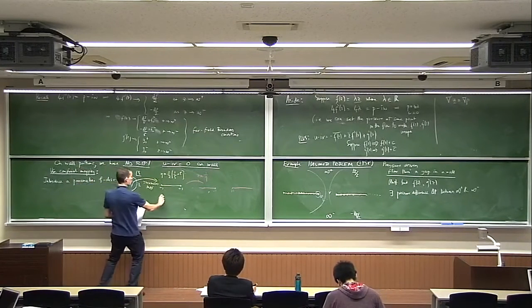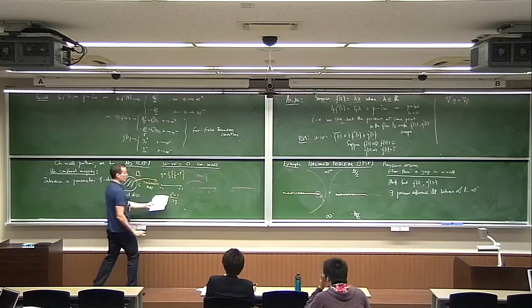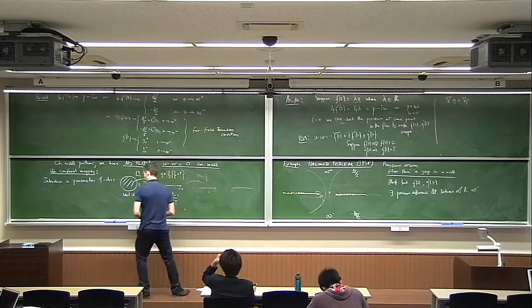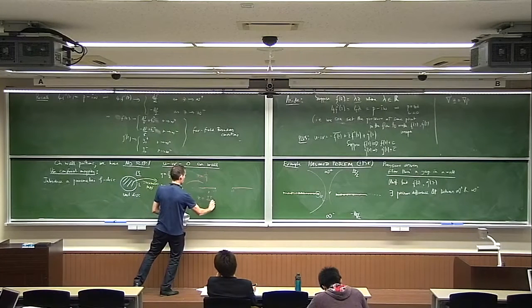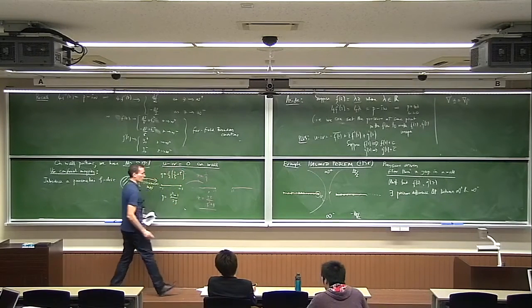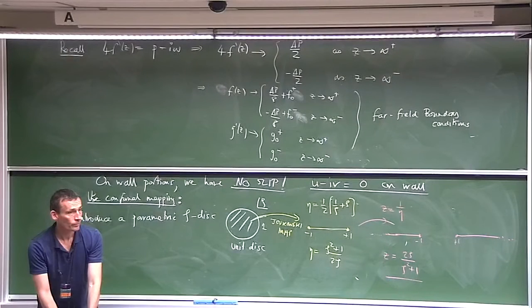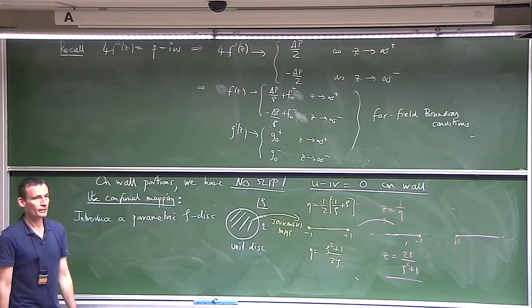Notice, look, eta can be written as zeta squared plus 1 over 2 zeta. So 1 over eta, z, is that. Everybody understand?